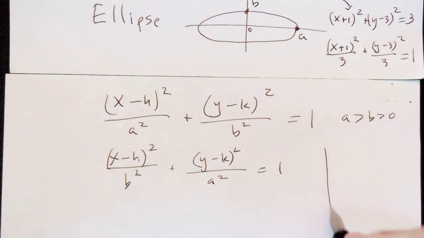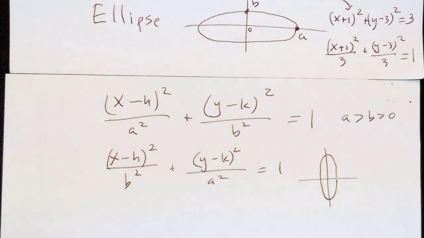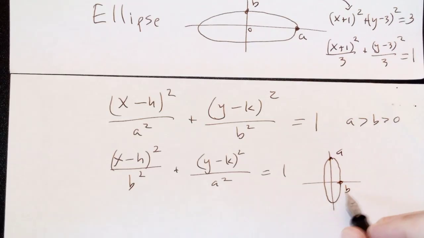So this one goes vertically. And again, this one's tight. Those are my A and B.